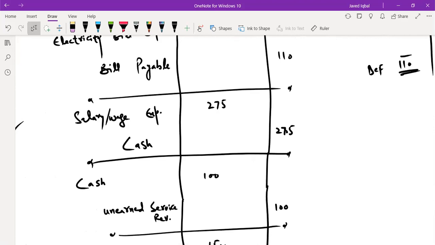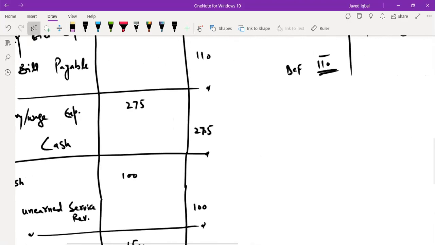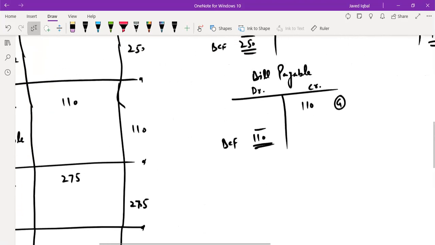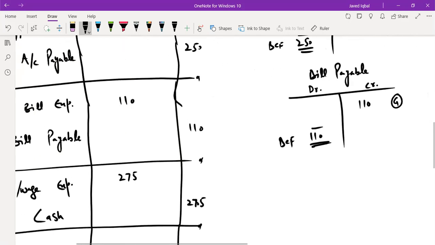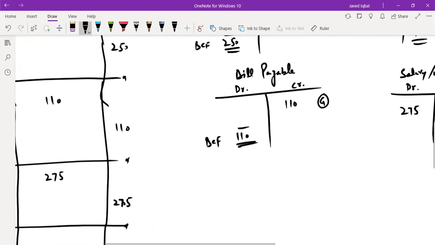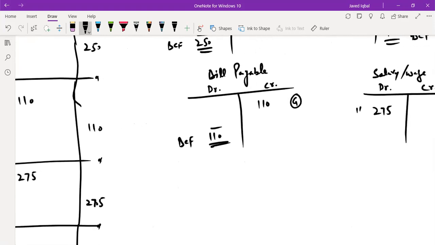bills expense. Now we have salary or wage expense to create, which is of 275. Salary, the expenses are always debited, so it is 275 debit, and it is the transaction number H. So we write H here.